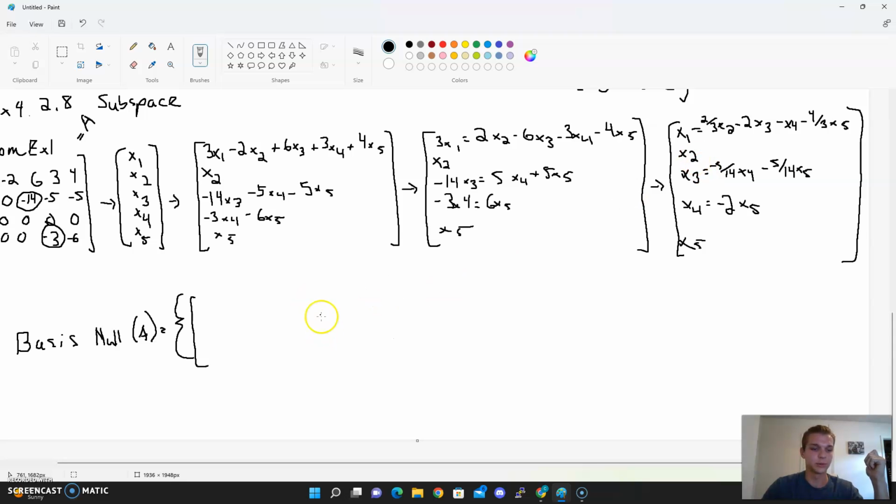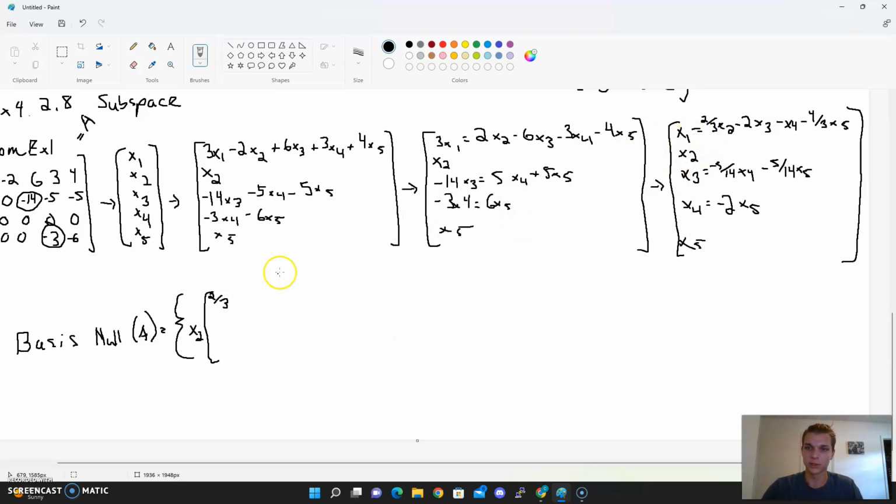In terms of x2, we now list how many times x2 is in each of these equations. For the first row, x1 equals 2 over 3 x2, so for row 1 it will be 2 over 3.